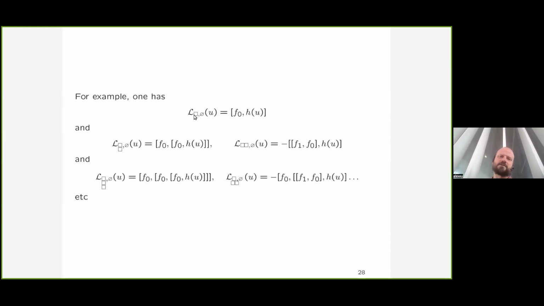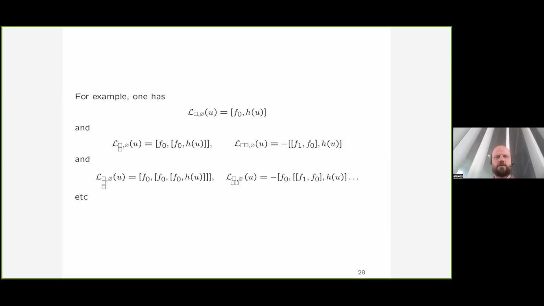Starting from H, which is L with empty partition, you just apply F0 or F1. It's enough to apply these two things to generate any partition here. So just remember that the matrix element between some excited state, some partition, and the vacuum state is just this type of thing.